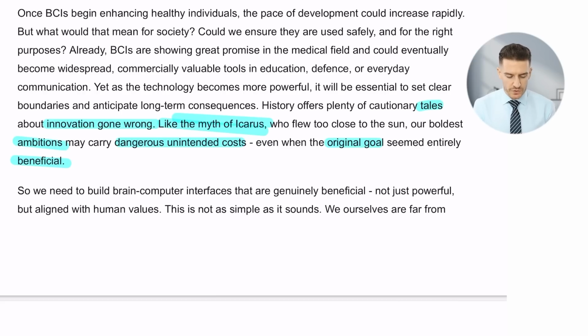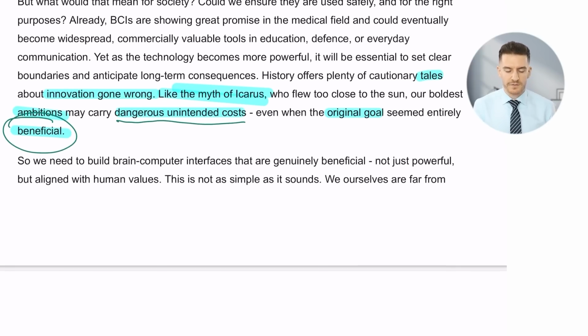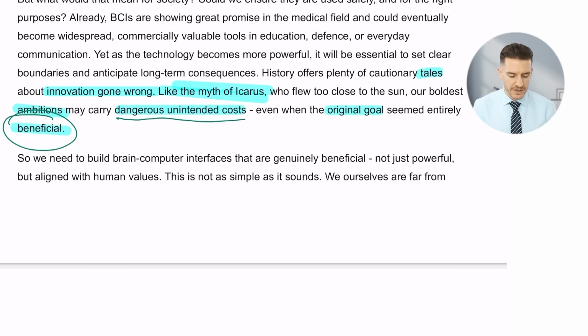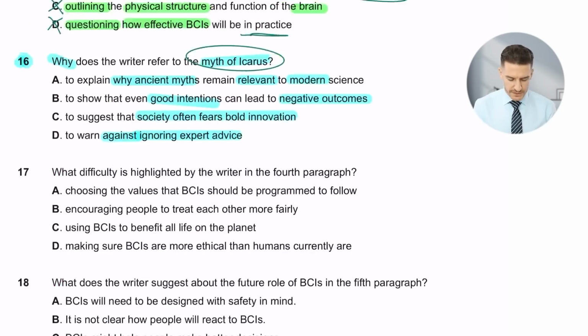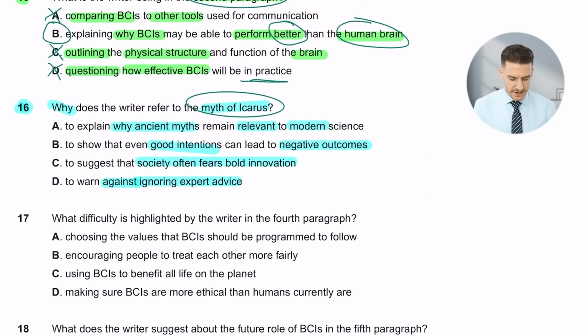So it looks like it's talking about this here, that there may be negative effects or bad things that might happen, even when the original goal could be beneficial or it could be a good thing. And I remember one of the options said something about that, and I believe it was B. So let's go back down and we'll see if we can get the answer.